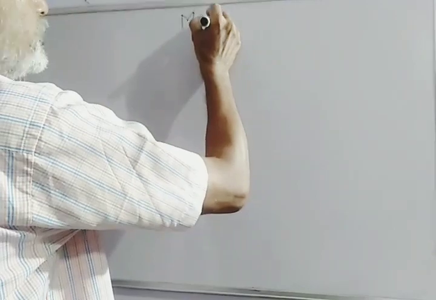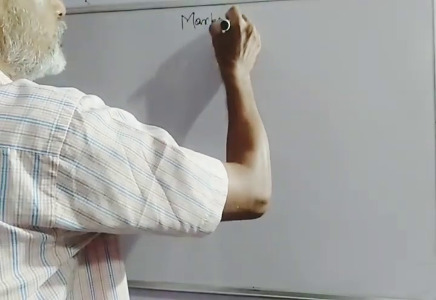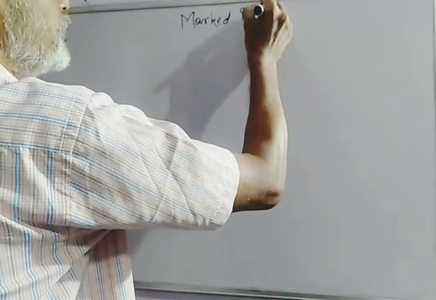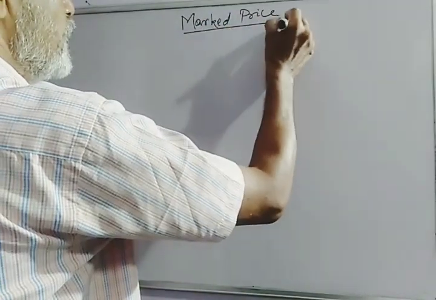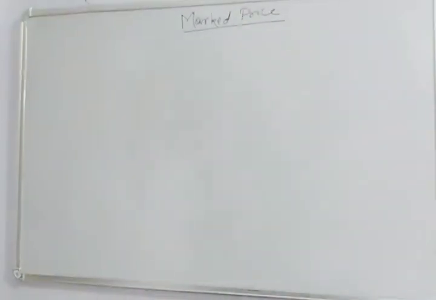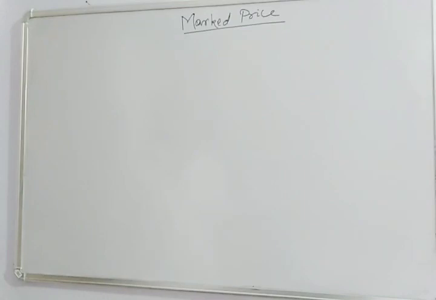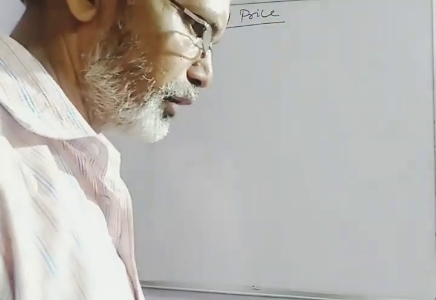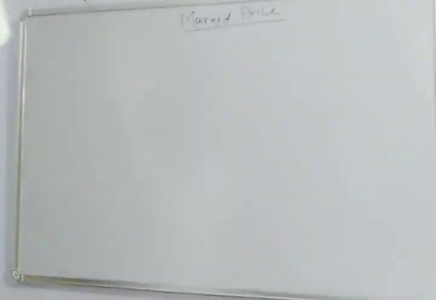Mark price. In the last case, I told you how to find out the discount when the discount percentage is given, how to find out the selling price when the discount is given, and how to find out the mark price.